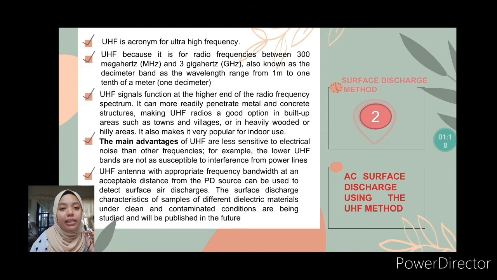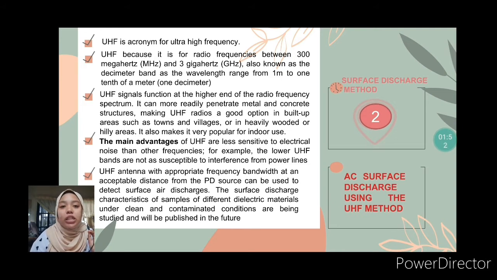The main advantage of UHF is that it is less sensitive to electrical noise than other frequencies. For example, the lower UHF bands are not as susceptible to interference from power lines. A UHF antenna with appropriate frequency bandwidth at an acceptable distance from the PD source can be used to detect surface and air discharge.